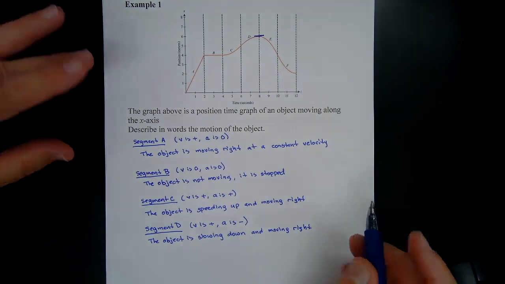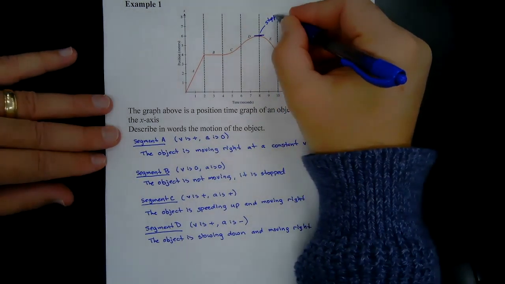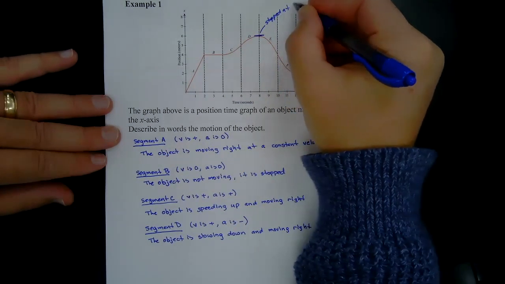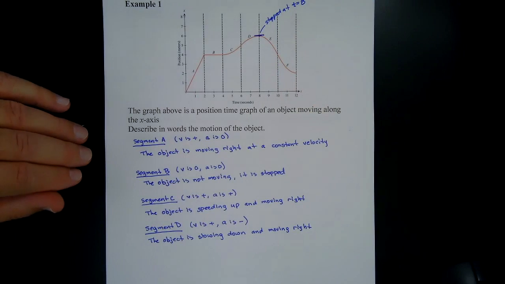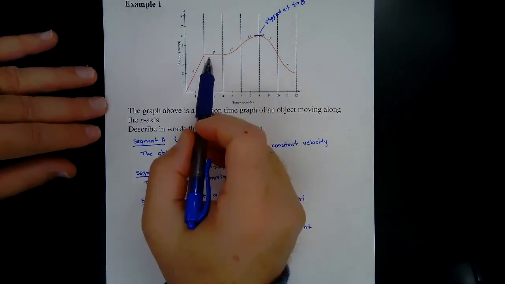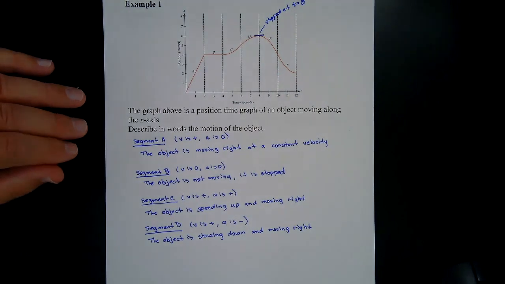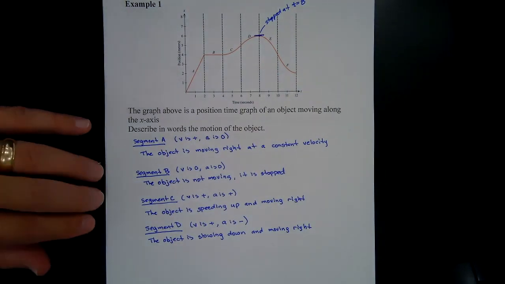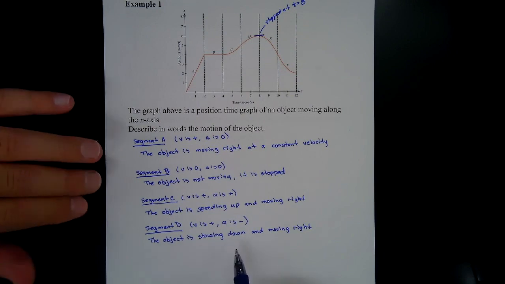So at t equals 8, it's stopped. And not for a period of time, not like B, but just for one split second, like a finger snap. It stopped. So whenever you see it slowing down, I would look to see, did it stop right there?